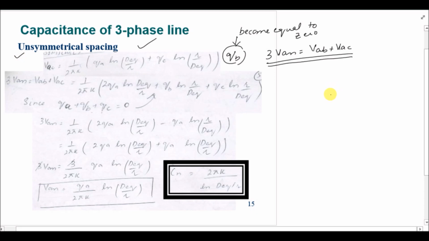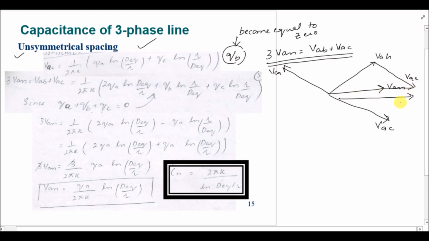Just to revise it quickly, this was your VAN, this is your VAB, this is your VCA, so this will be your VAC. When we add it, this phasor will be 3 VAN. That's why we are writing 3 VAN is equal to VAB plus VAC.